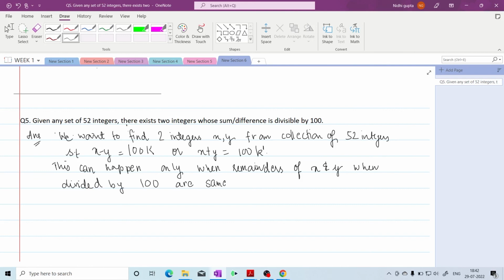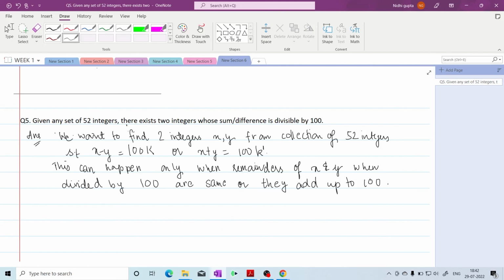If they are the same, then their difference is a multiple of 100, or they add up to 100. If the remainders add up to 100, their sum will be a multiple of 100.